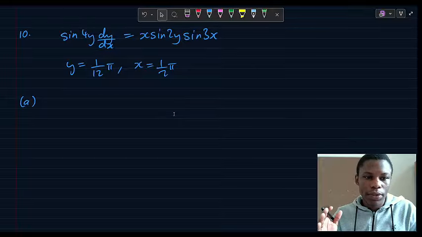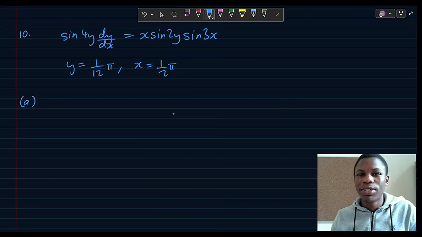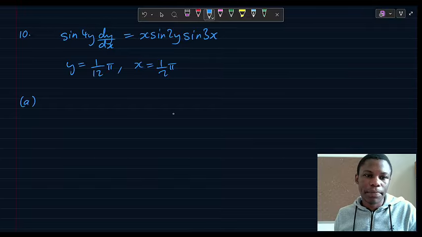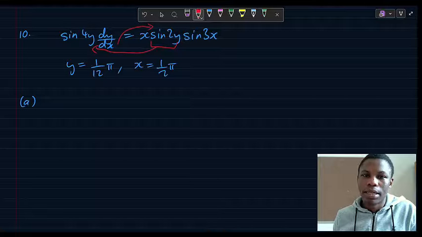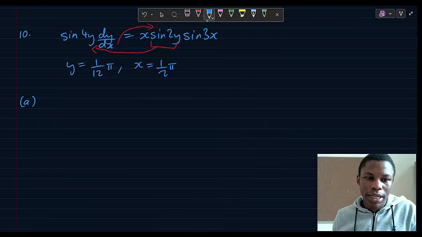So the first thing you do anytime you're solving a differential equation is you're going to separate your variables. So you want everything that is y on one side and everything that is x on the other. I'm going to move everything that is y to the left-hand side, and my dx is going to come to the right. So I'm going to have sin 4y.